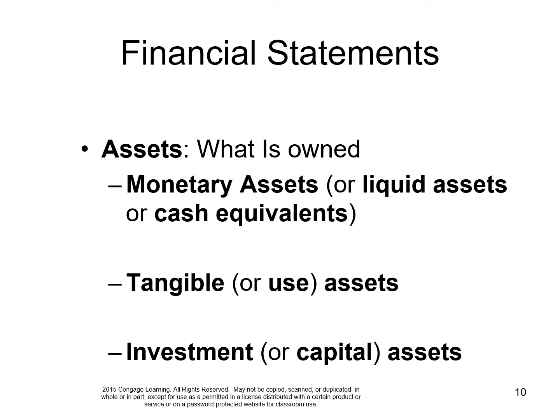Tangible means you can touch it or use it, right? That have value. A house, a vehicle, perhaps some precious metals, jewelry, any of those sorts of things would be tangible assets. And then investment or capital assets are any investments that you might have, stocks, bonds, mutual funds, those sorts of things.